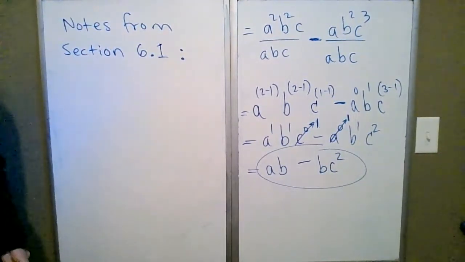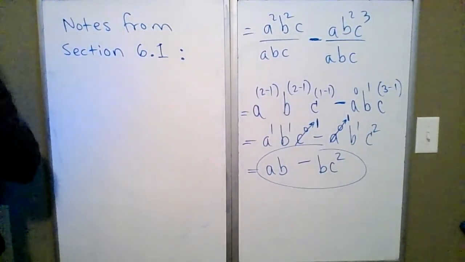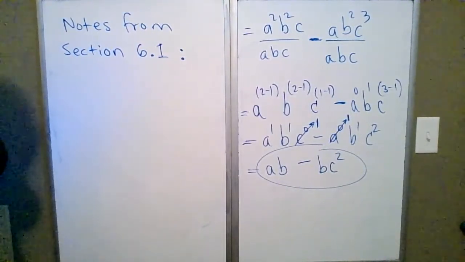So let's see. I've got the definition from the book, and then I did my best to try to explain it, but I think maybe with a few examples, I can explain it better.